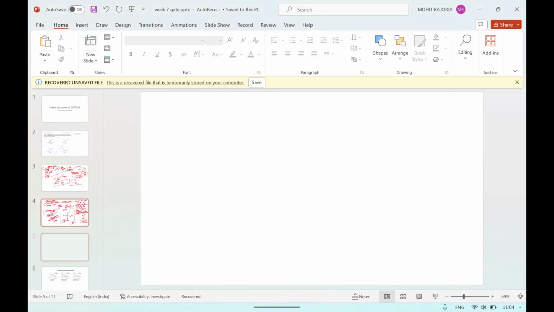Now let's talk about the reversible inhibitors. Reversible inhibitors are the inhibitors which don't cause a permanent damage on the enzyme activity. This type of inhibition can be reversed as well.